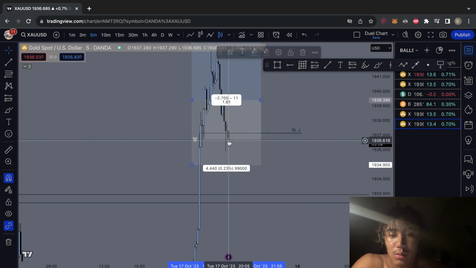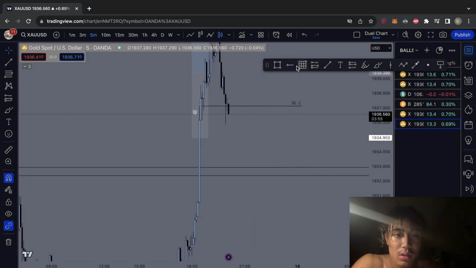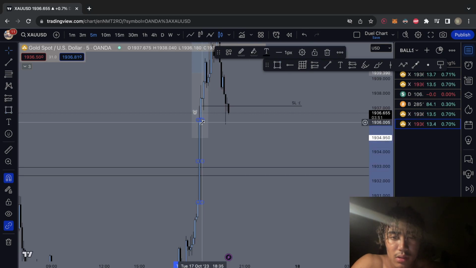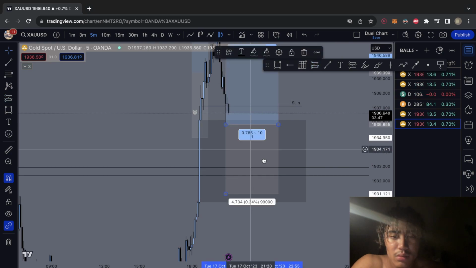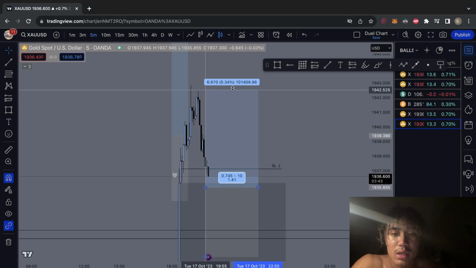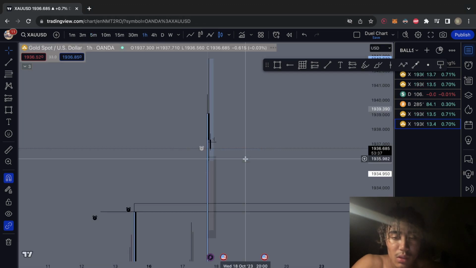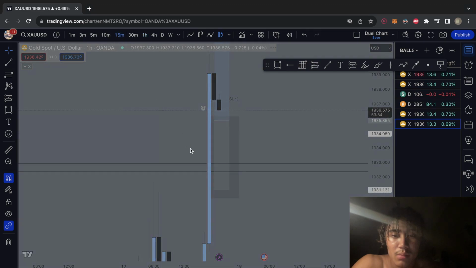If anything, it would have been even better if my trade entry was right here, right as we just tapped into this. This would have been more of a validating position, even if we retrace back into the fair value gap. Probably gonna get stopped out in a minute.